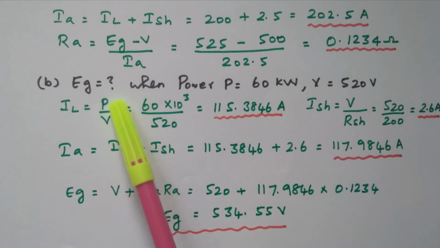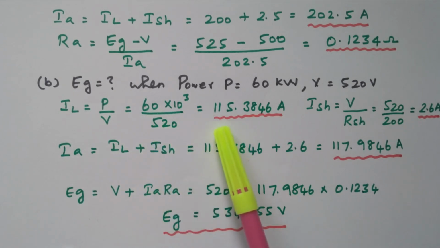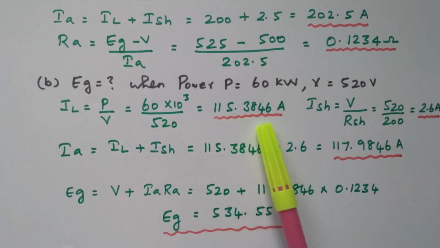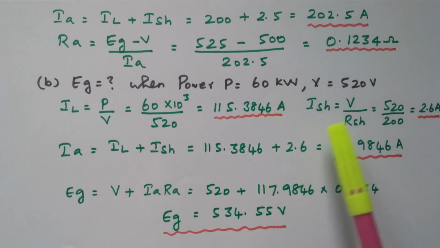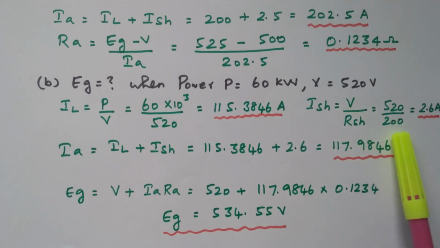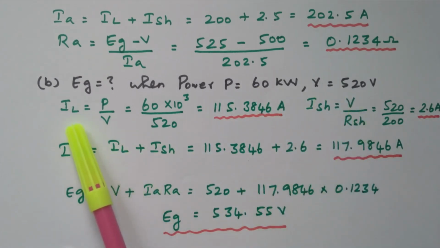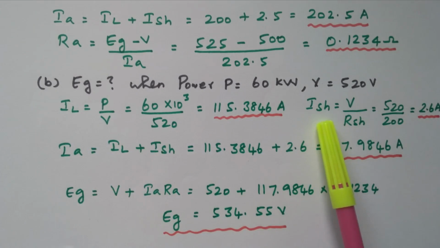So IL equal to P divided by V, 60 into 10 to the power 3 divided by 520. So that is 115.3846 ampere. The shunt field current ISH equal to V divided by RSH. Now V is 520 divided by 200, which is 2.6 ampere.